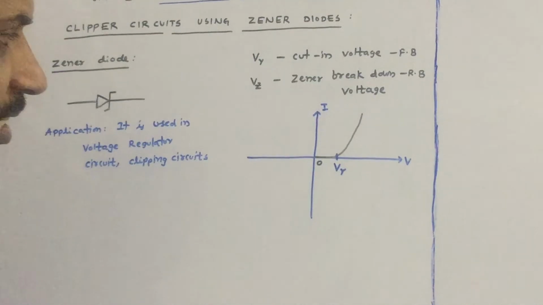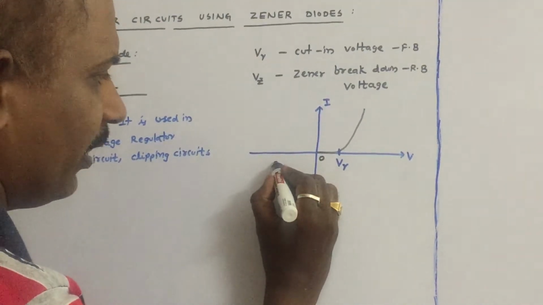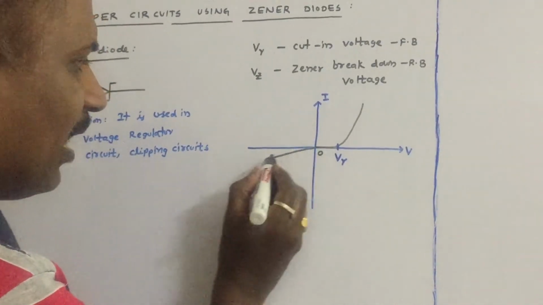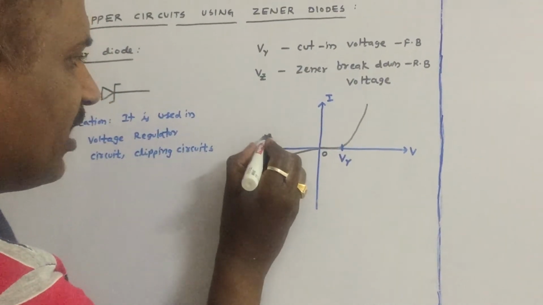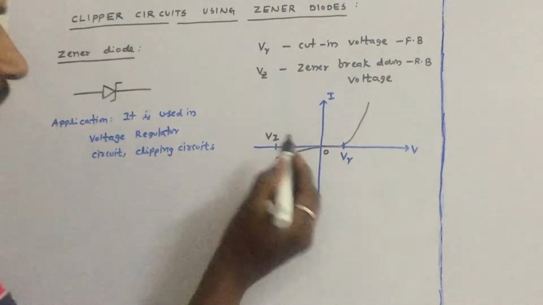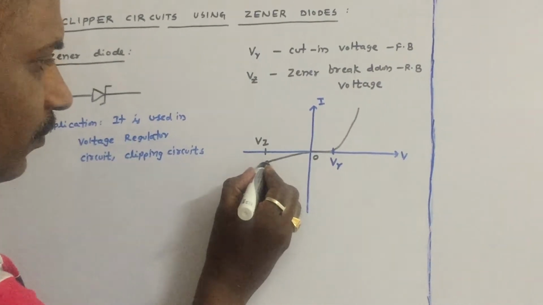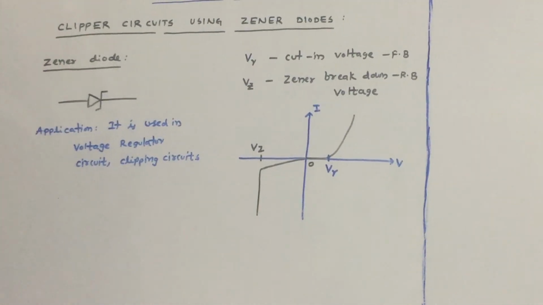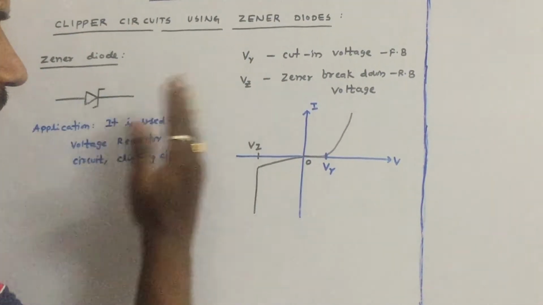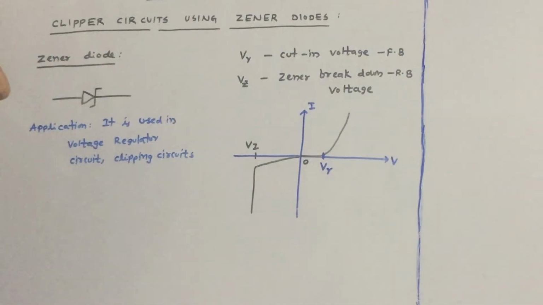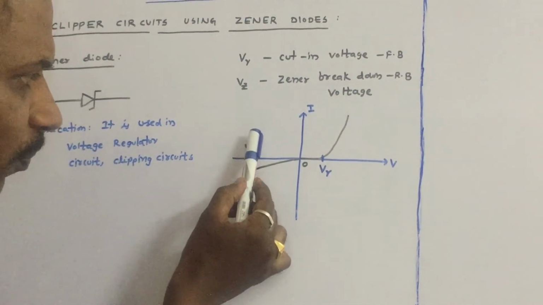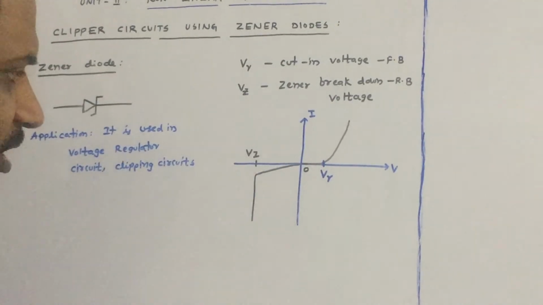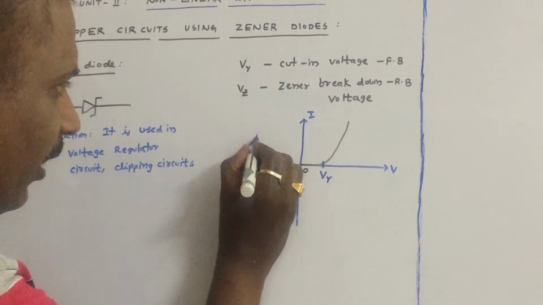So during the reverse bias, remember that it has a very peculiar property. Let us represent here Vz, Zener breakdown voltage. When the input voltage becomes greater than Zener breakdown voltage in reverse bias, the voltage across Zener diode becomes fixed at Vz. So this is called Zener breakdown.